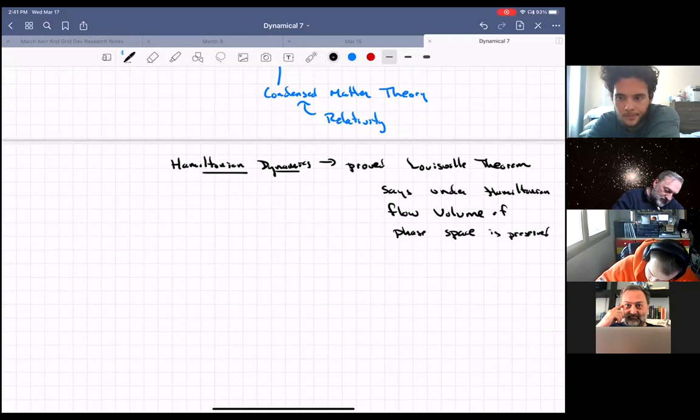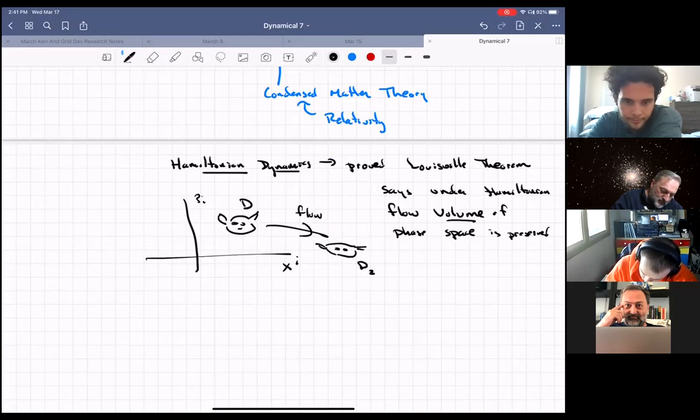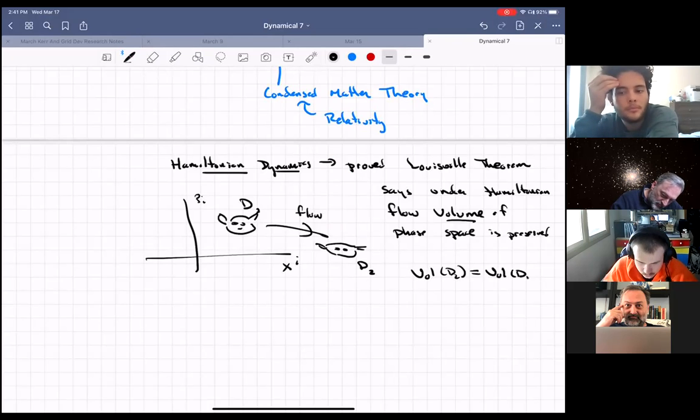So you know the picture in Hamiltonian dynamics: you have some region here and you have some flow, and that flow might distort the region, but it's going to have the same volume. The volume of D2 will be equal to the volume of D1.